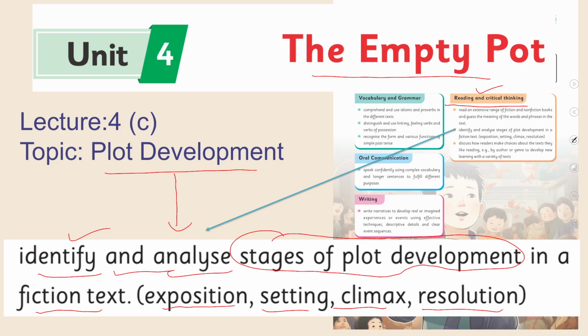Now, we need to identify and analyze stages of plot development. A plot has different stages and different elements. So we are going to talk about the stages in a fiction text. A fiction is something that is made up. It is imaginary. So we will be dealing with all these things in our students' learning outcome.